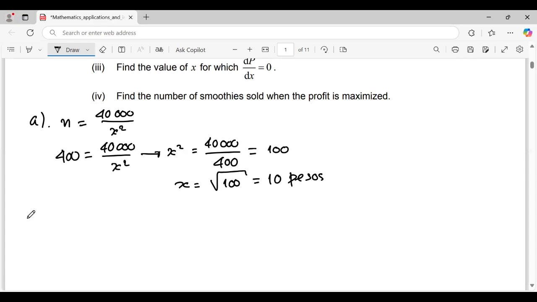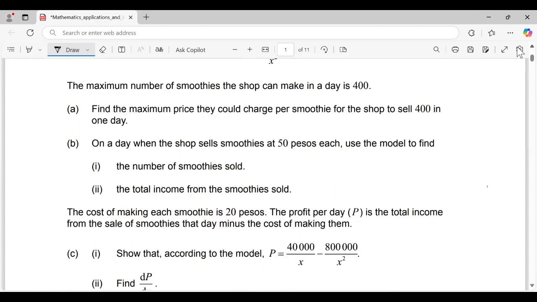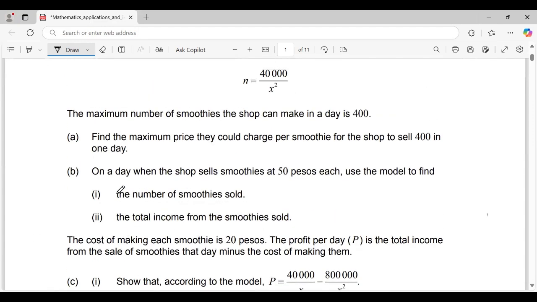Next, part B1. On a day when the shop sells smoothies at 50 pesos each, use the model to find the number of smoothies sold and the total income from the smoothies sold.